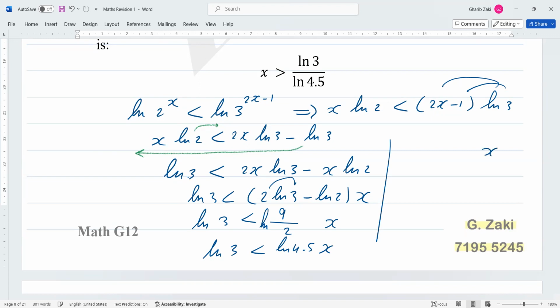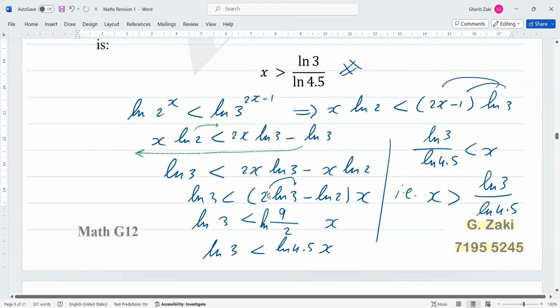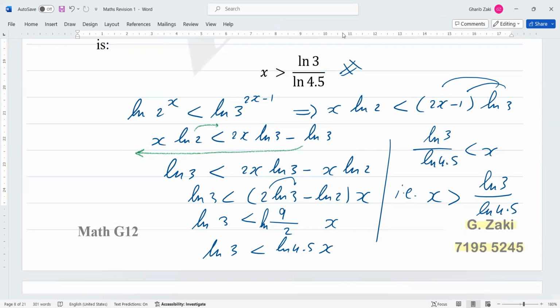So x is greater than ln 3 over ln 4.5. This is the required result. That is x greater than ln 3 over ln 4.5. Okay, guys? Let's take a break and then we return after the break.